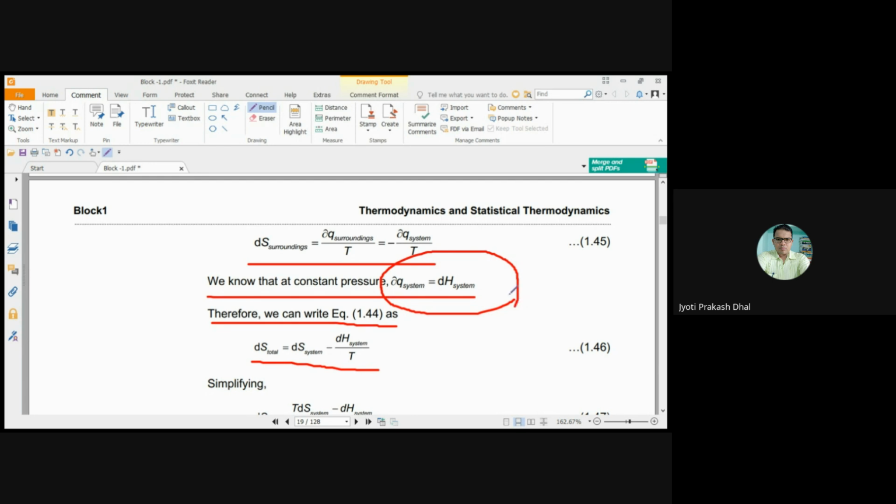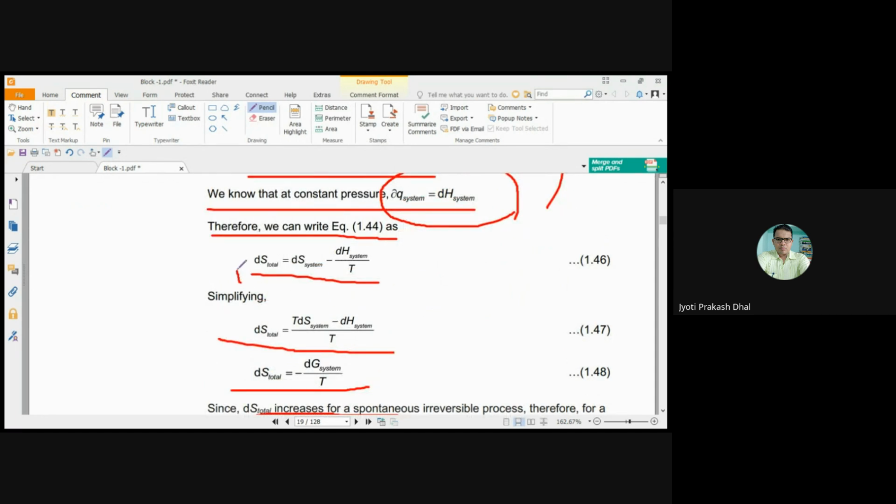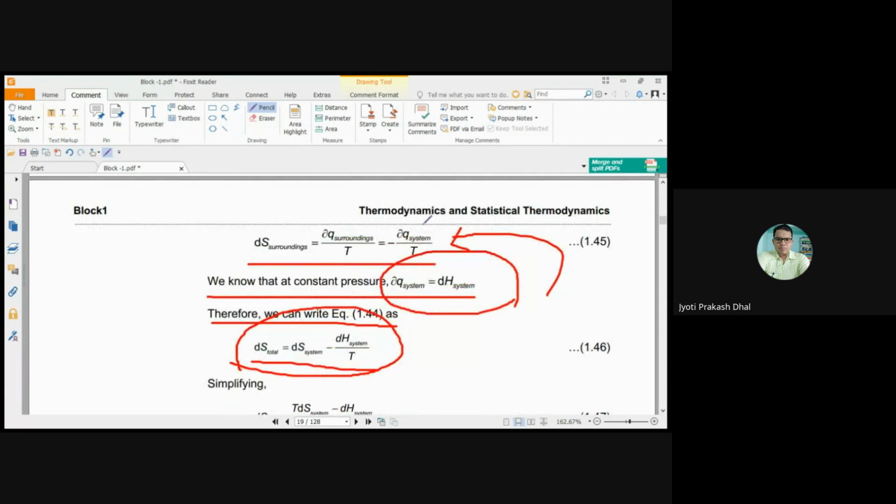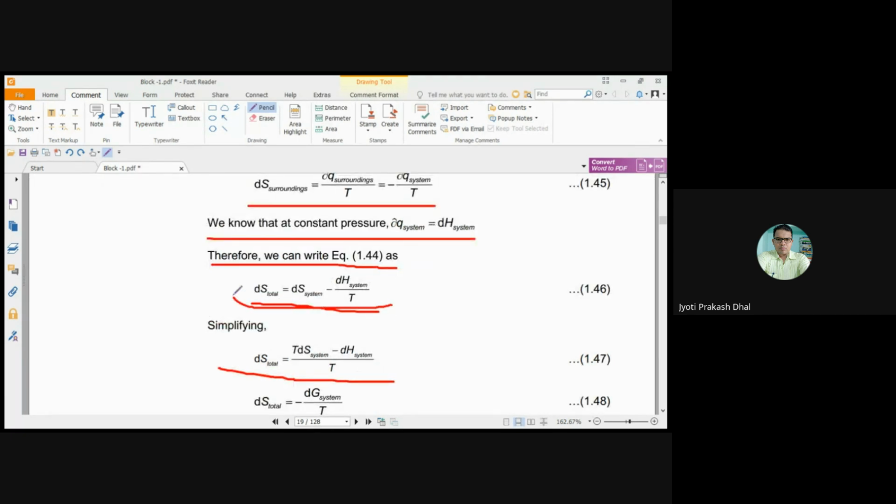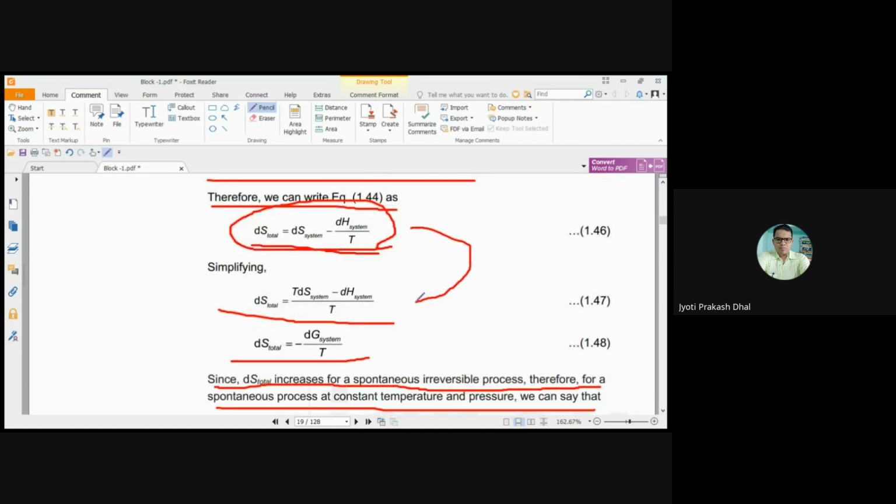If we put this condition in place of del q system divided by T, we can write dS total equals dS system minus dH system divided by T. And again, if we simplify this equation, we can write dS total.